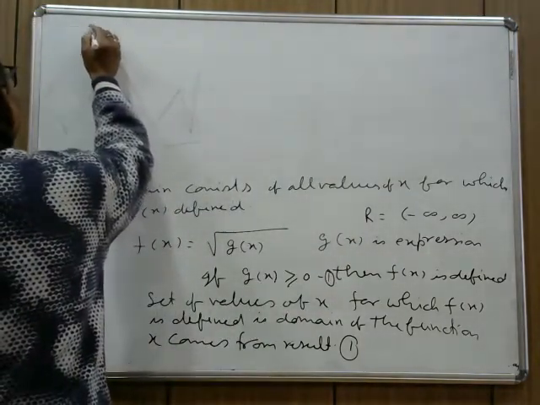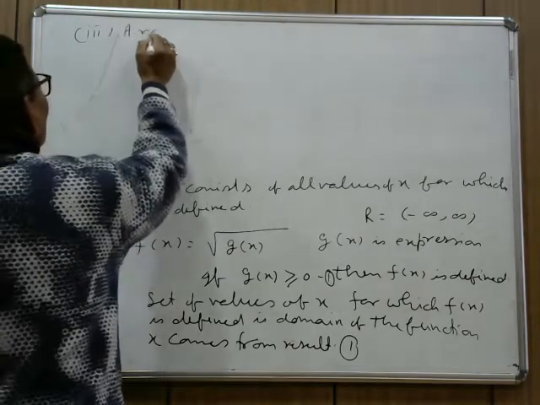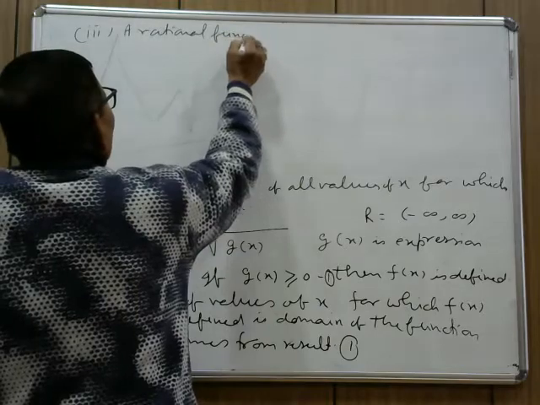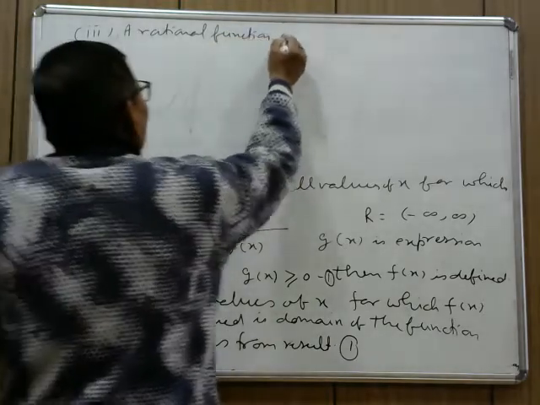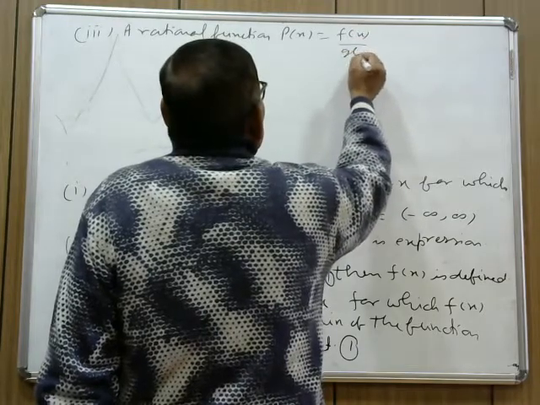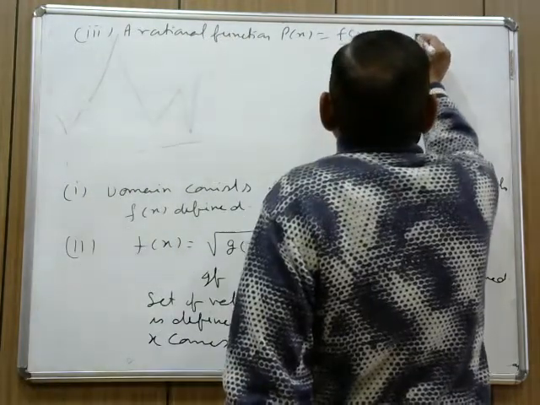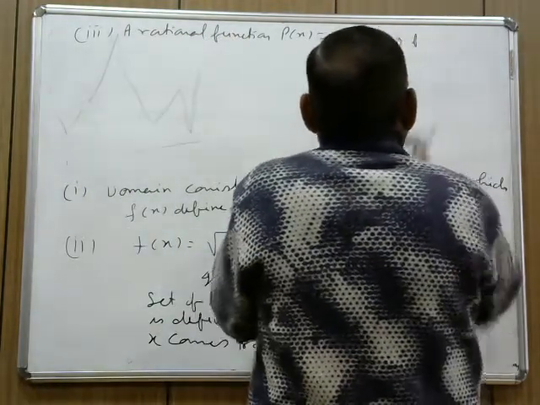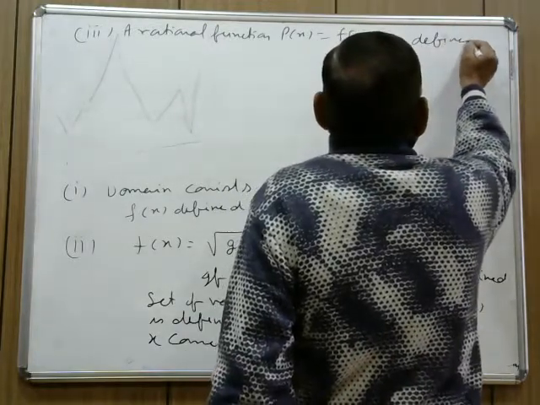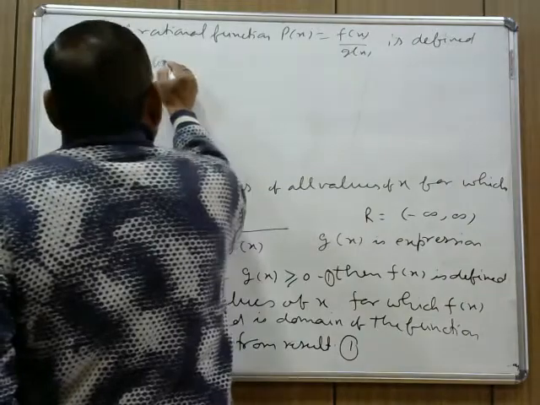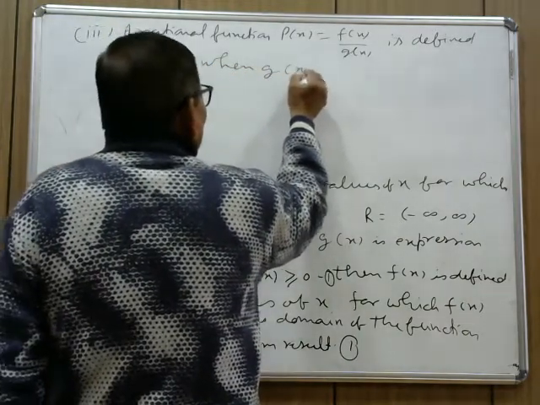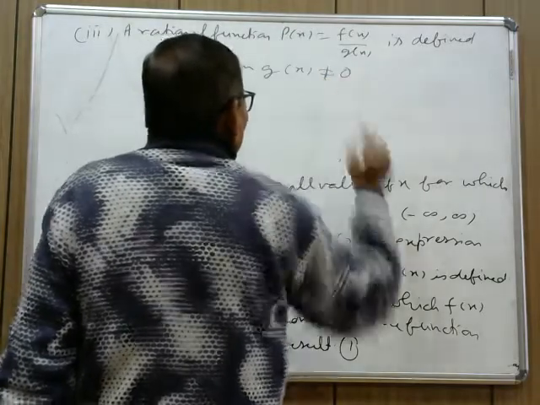Third point: a rational function p(x) equals f(x) by g(x) is defined only when g(x) is not equal to 0.